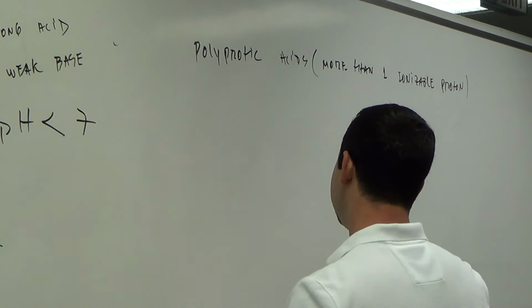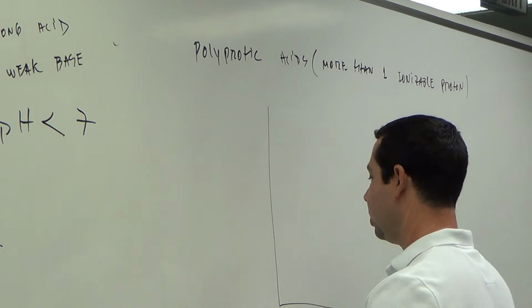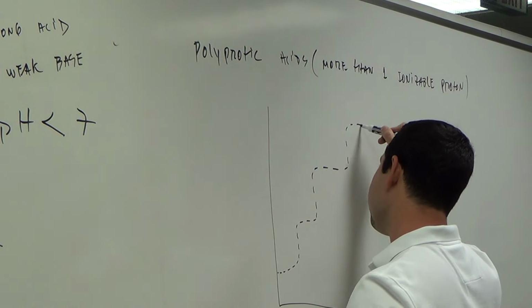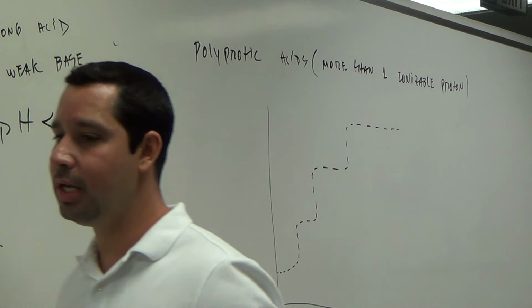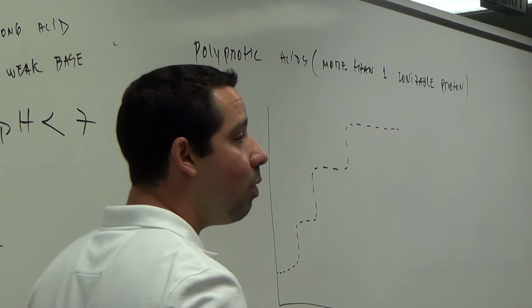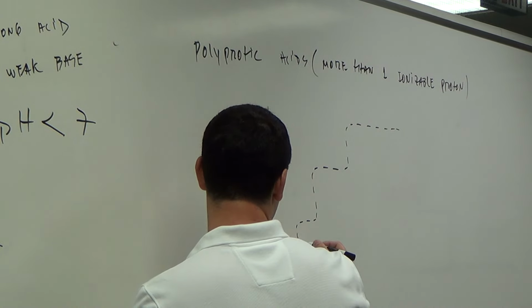So polyprotic acid, let's say I have this. How many protons does this polyprotic acid have? 3. There is an equivalence point here sloping up.